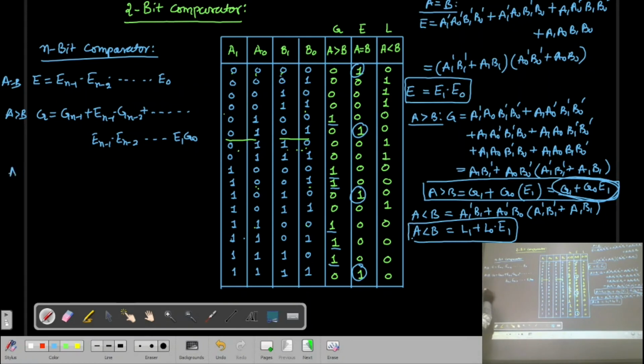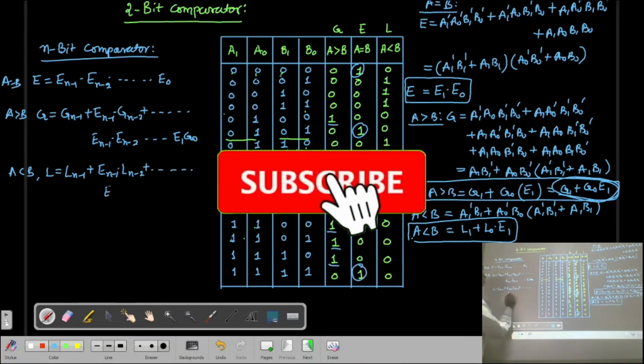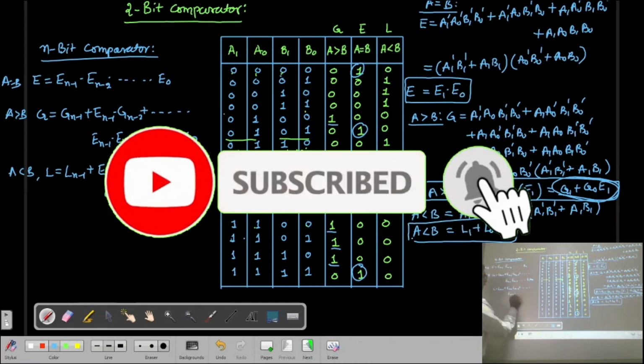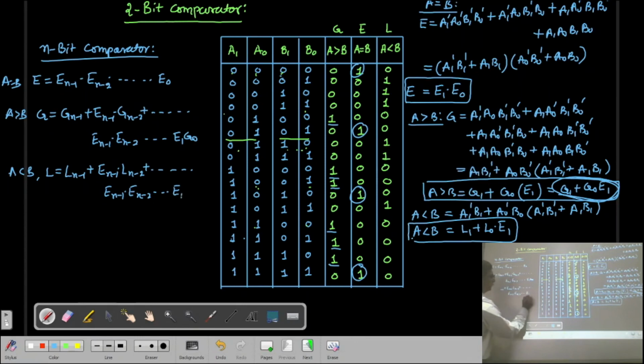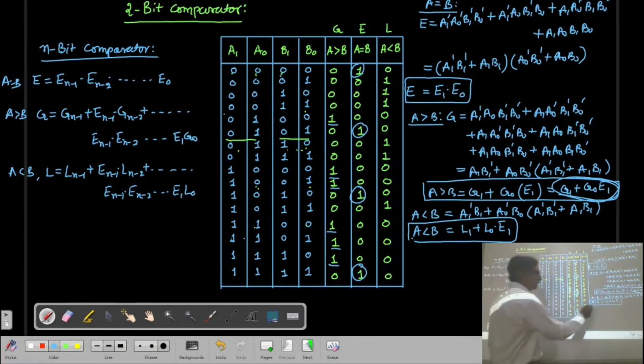Then for A less than B, the same way you can write this expression: L(n-1) plus E(n-1) into L(n-2) and so on, with E(n-1), E(n-2), up to E1 into L0, and that expression will be accordingly this.